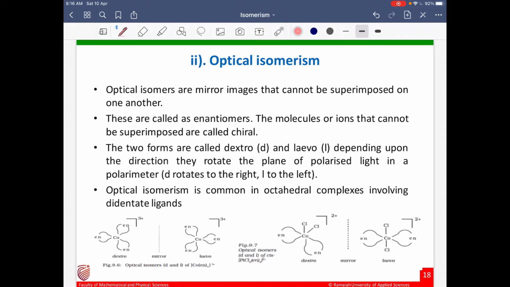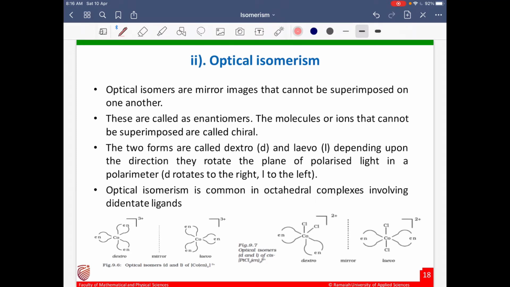The last type of isomerism that we will be studying in this class is optical isomerism. Optical isomers are mirror images that cannot be superimposed on one another. These are called enantiomers. The molecules or ions that cannot be superimposed are called chiral.